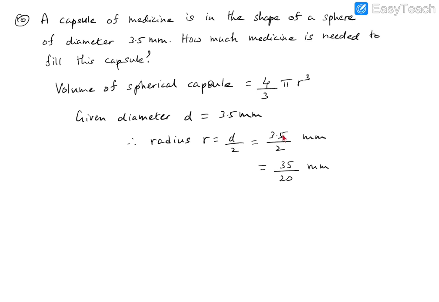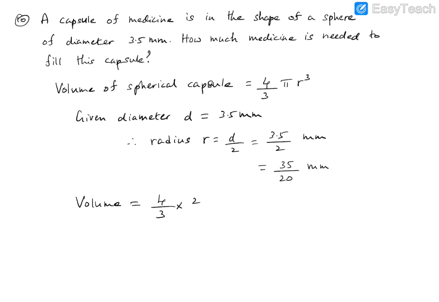Okay, so the radius is basically 3.5 divided by 2, which we have simply represented without the decimal as 35 divided by 20 by multiplying both the numerator and the denominator with the same factor of 10. Okay, so that's 35 by 20 millimeter, and we substitute in the formula for the volume the value of this radius. So the volume equals 4/3.